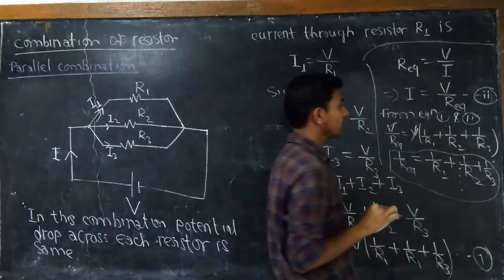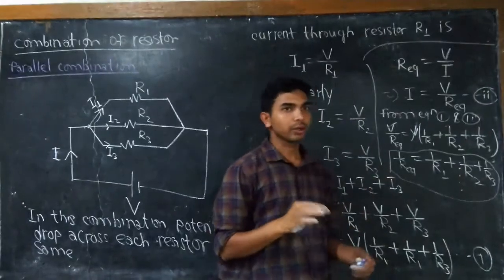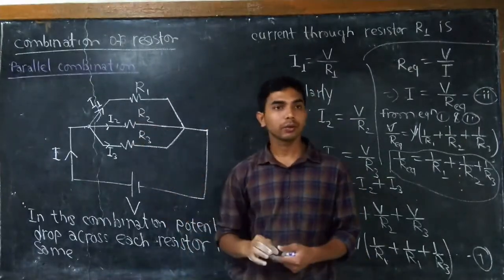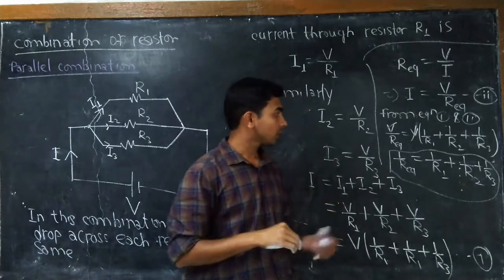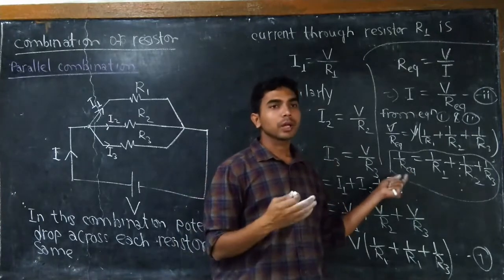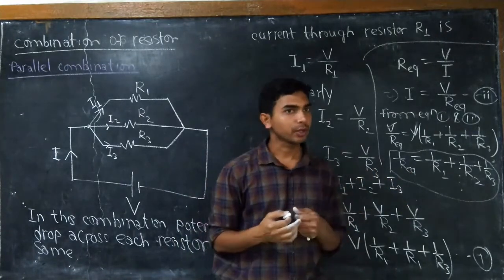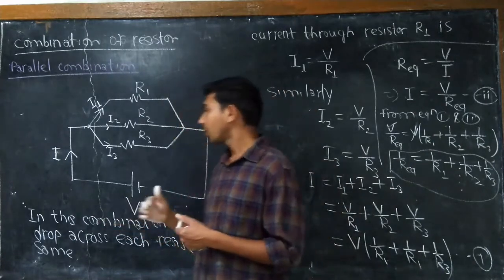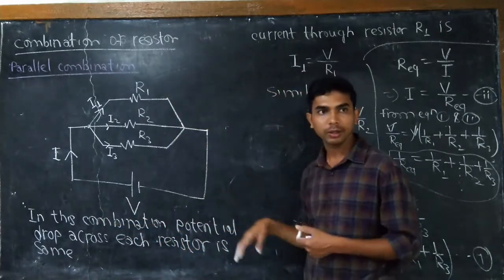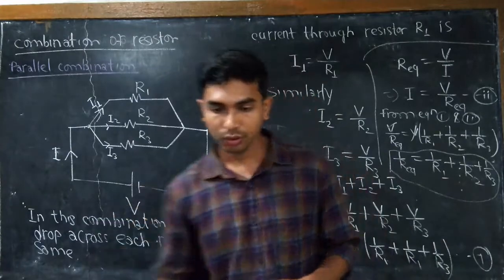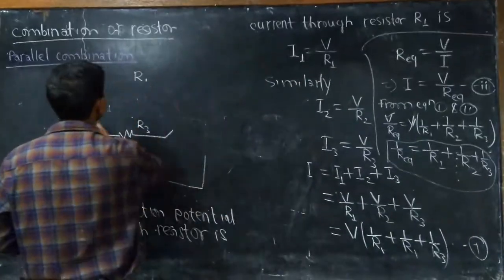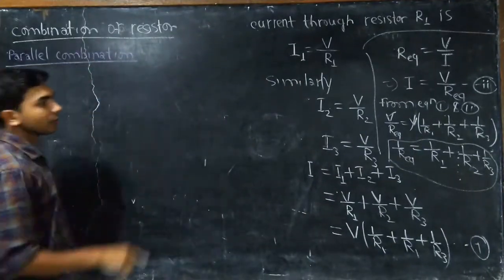So here I have taken only 3 resistors, but similarly we are able to write the formula for any number of resistors, right? So you have written this part, right? Now I am going to rub this part. That one is for 3 resistors.